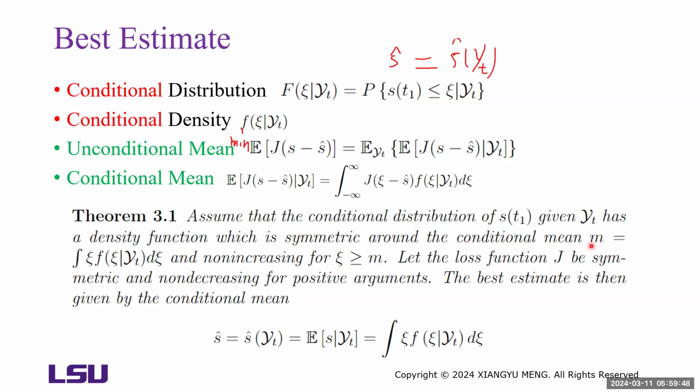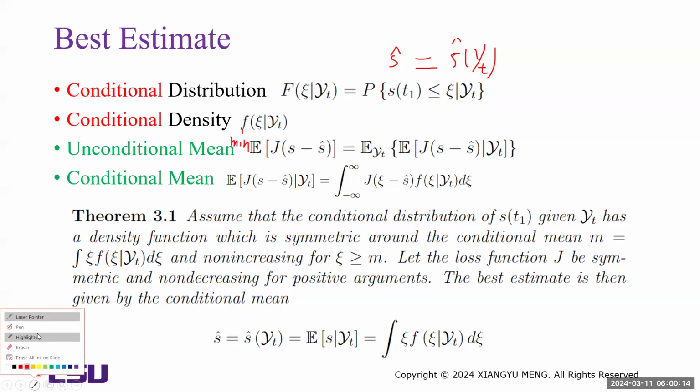The conditional mean can be calculated in this way: the integral over all possible values of c from negative infinity to positive infinity of c times the conditional density f(c|yt) dc. The density function is symmetric around the mean and non-increasing for c greater or equal to m.